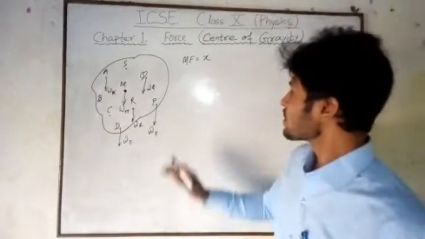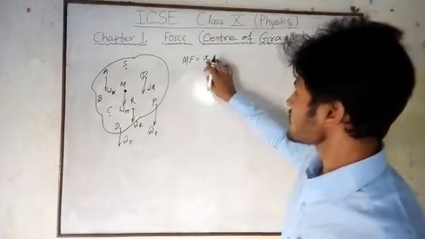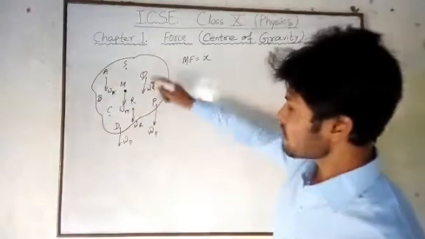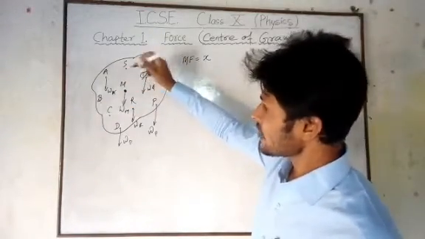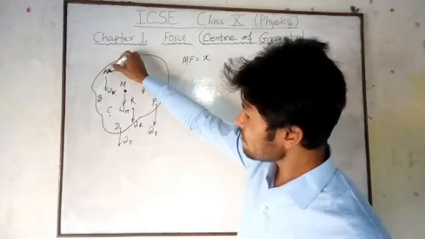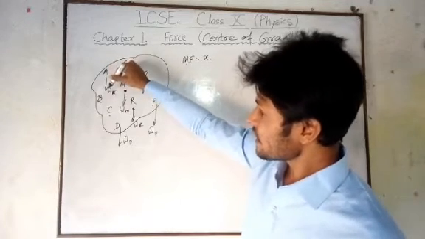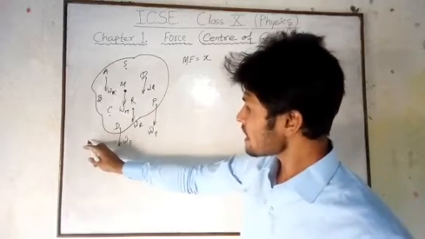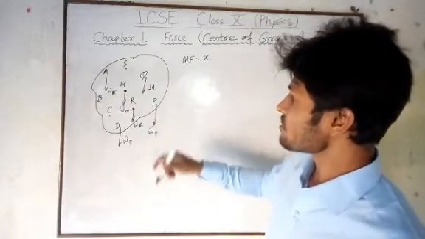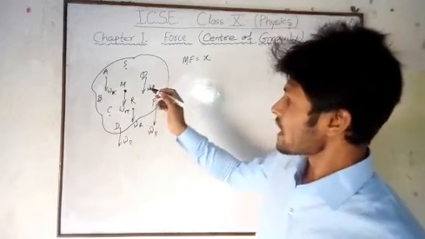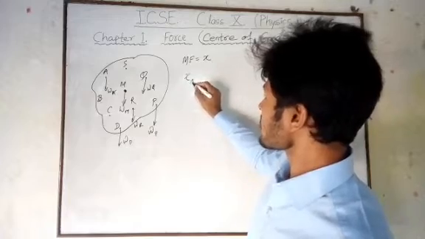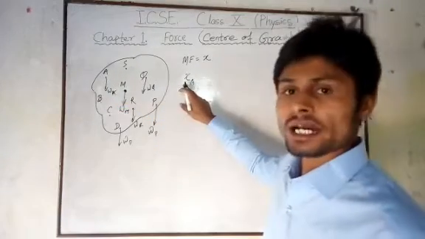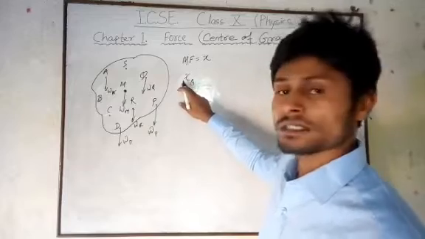Now we represent X as the moment of force here. This body is pivoted at the point M, and due to the weight of the particle A, a moment is produced that causes anti-clockwise rotation of the body. That means XA, the moment of force at the point A, is an anti-clockwise moment.